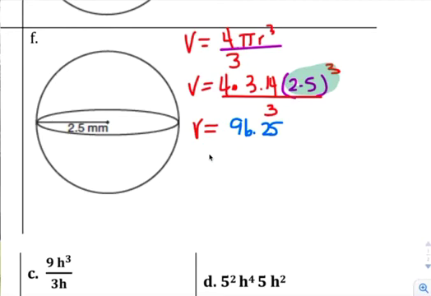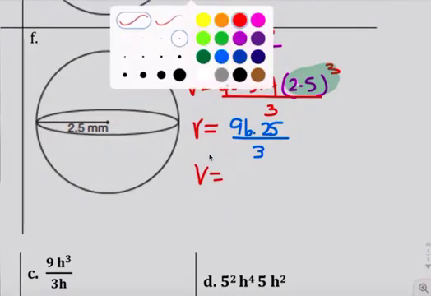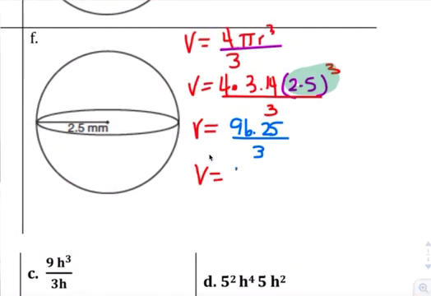You'll get 96.25 divided by 3. After you do that, you get your answer of 65. No, that doesn't look right.